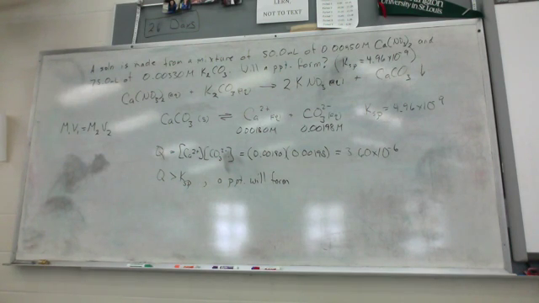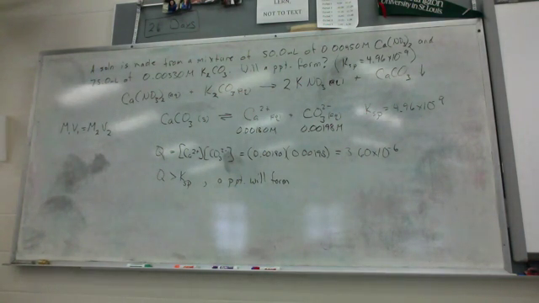But you analyze your incorrect values correctly. For example, what if you had gotten a different conclusion, and Q was less than Ksp? If you said no precipitate forms, yeah, you would have gotten that. Your analysis was correct.